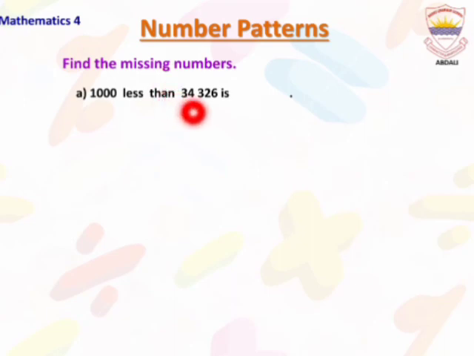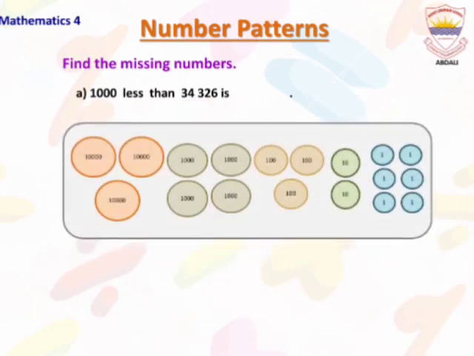We draw number disks of 34,326: 3 number disks of 10,000, 4 number disks of 1000, 3 number disks of 100, 2 number disks of tens and 6 number disks of ones.